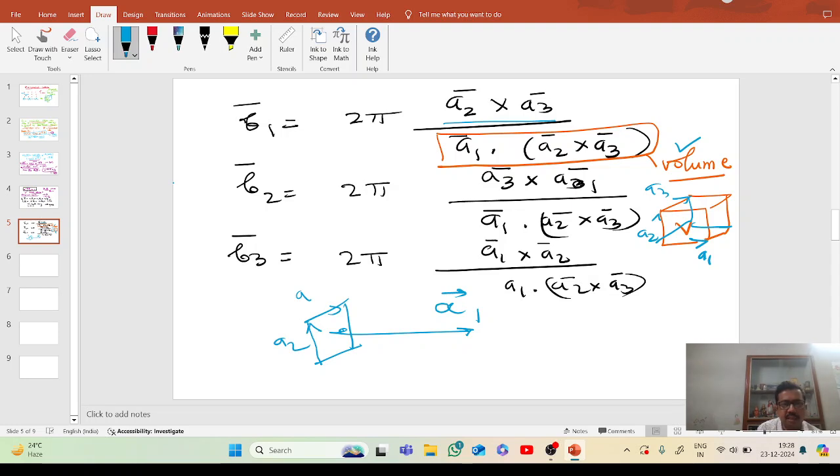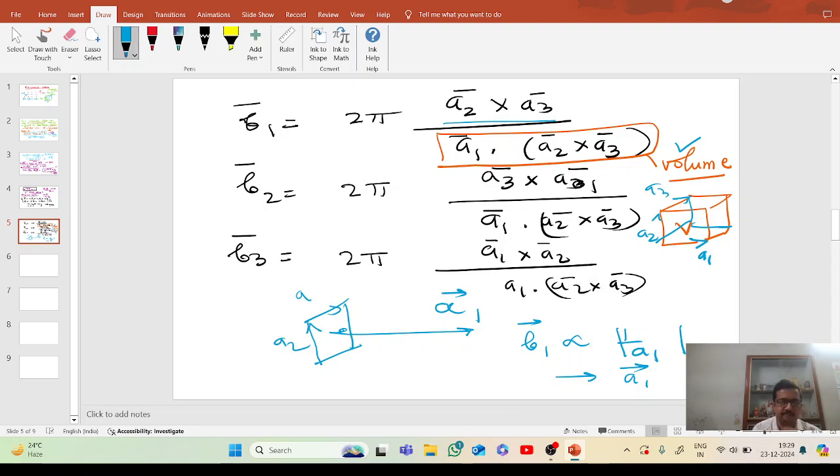So b1 is along the direction of a1 and it is proportional to 1 by a1, or 2 pi by a1 actually.